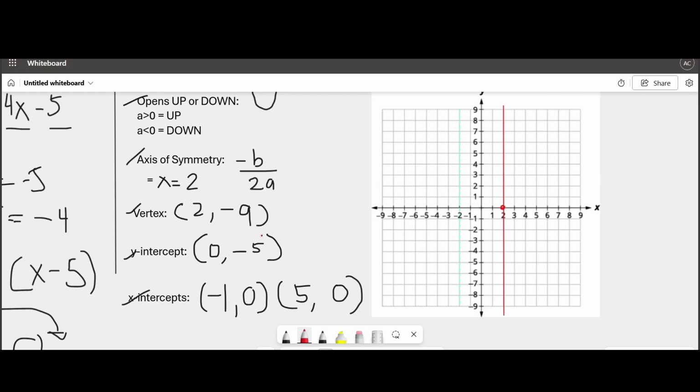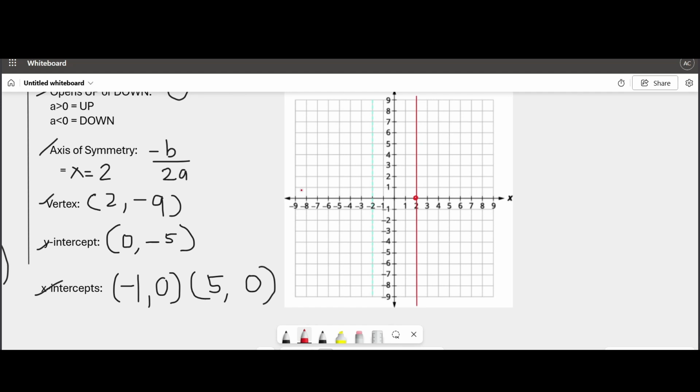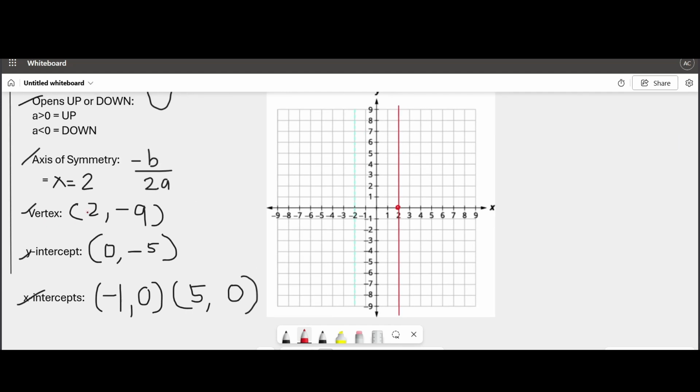Now we have to use the vertex. So it says here that the x value of the vertex is 2. It's 2 as well. So 2 is already there. Now negative 1, we have to graph negative 1.